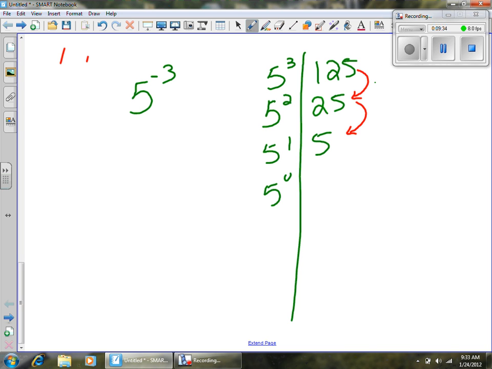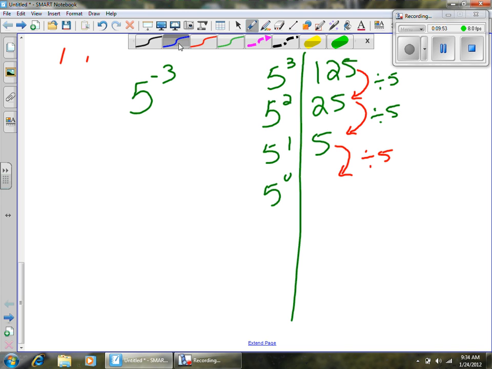Oh, I could divide by 5. Let's try that here. Is 25 divided by 5, 5? Sure is. So to move down, I'm going to need to divide by 5. 5 divided by 5 turns out to be 1. So 5 to the 0 power is 1.